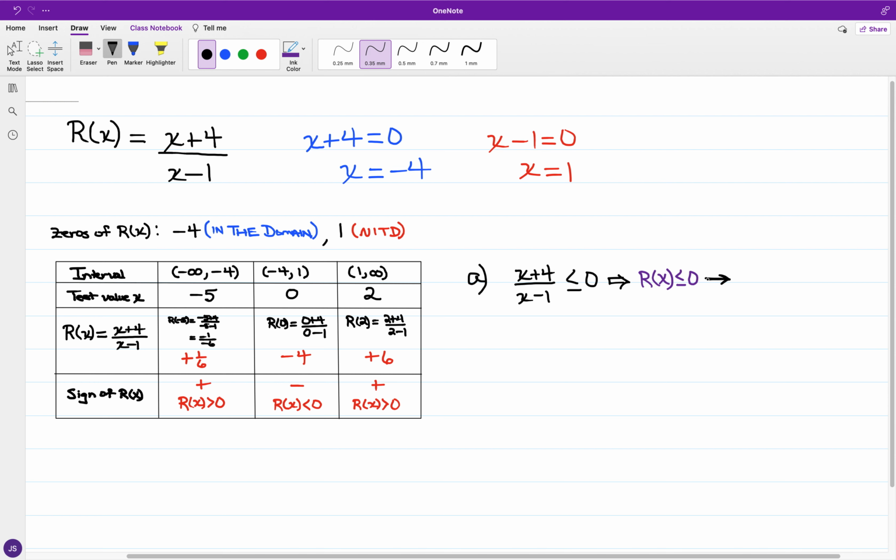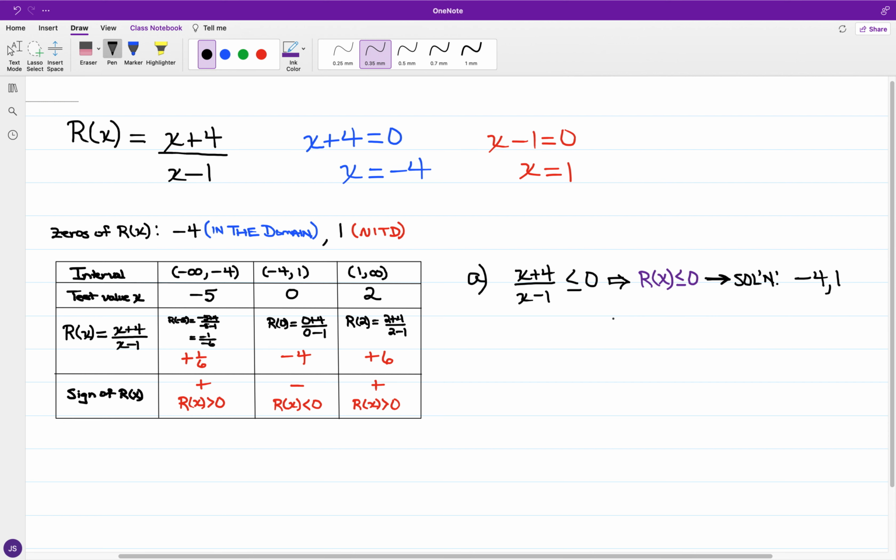So for what we're going to have in the case of the solution, for starters, we're looking at working with -4 and 1.